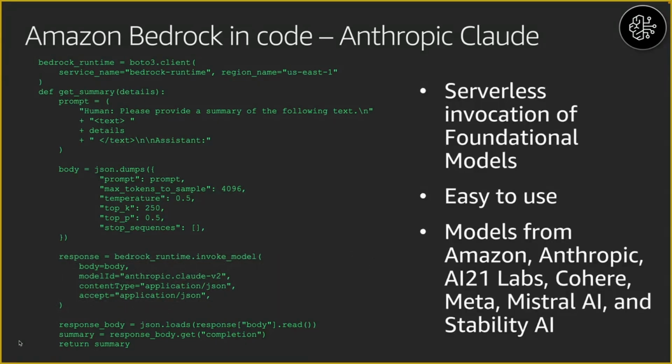Amazon Bedrock is serverless, so you don't have to create an EC2 instance or virtual machine to install and run the large language model. We do it for you through Amazon Bedrock, so it makes it very easy to use. There are models not just from Amazon but also Anthropic, AI21 Labs, Cohere, Meta, Mistral AI, and Stability AI. So it's not just the Amazon models that are available, and that's a growing number of models from those companies.